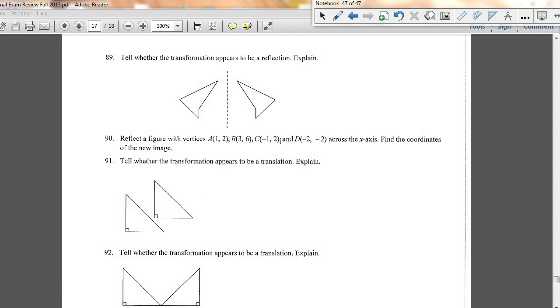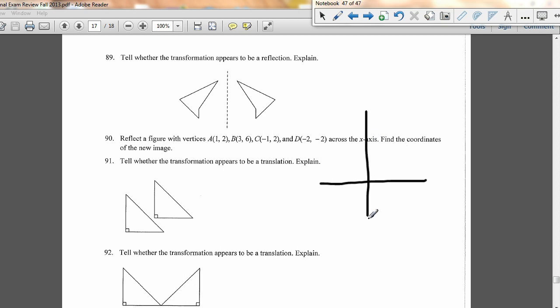Reflect a figure with these vertices across the x-axis. So if we're doing reflection across the x-axis, this is the picture, this is the x-axis. You draw all those: 1, 2, which is right there, 3, 6 is right there, and -1, 2, which is right here.